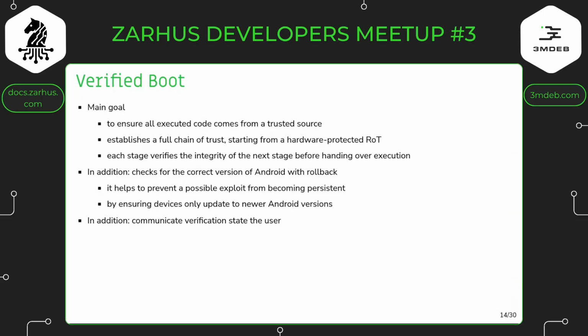The previous part is more specific to the vendors. The important part is to establish a full chain of trust, starting from the hardware protected root of trust. Each stage verifies the next one. What is also important, as we will see in the next slides, is that verified boot focuses on communication of the state to the end user.